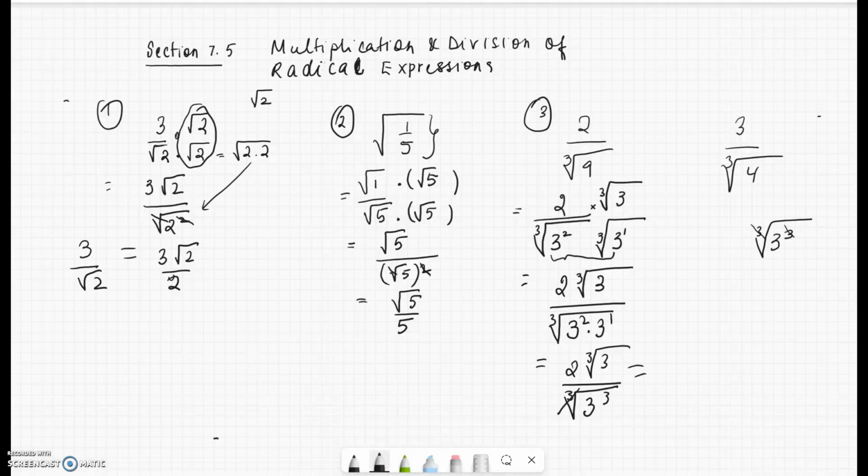Cube root of 3 cubed. So cube root is 1/3, 3 cubed is to the third, the 3 and the 3 cancel, and you're left with the 3 in the denominator and the cube root of 3 multiplied in the numerator. So the whole point of multiplying with a rationalizing factor is to get rid of the radical sign in the denominator. Now let's look at the next one.